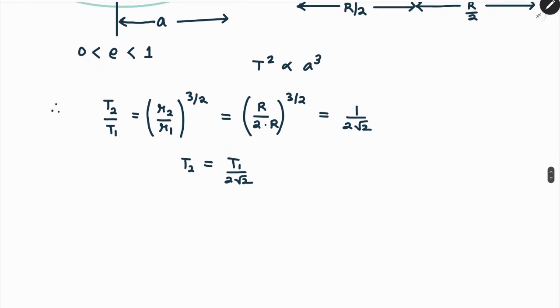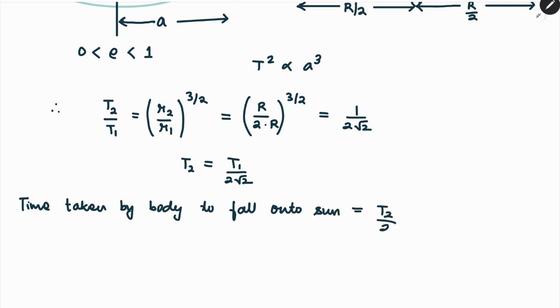So the time taken by the body to fall onto the sun is half this value. We write it as T1 upon 4 root 2, where T1 is equal to 1 year, or 365 days.